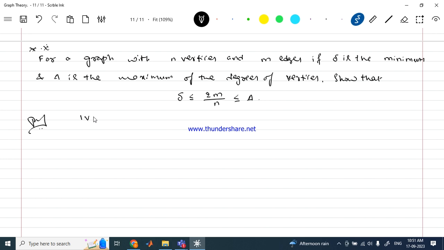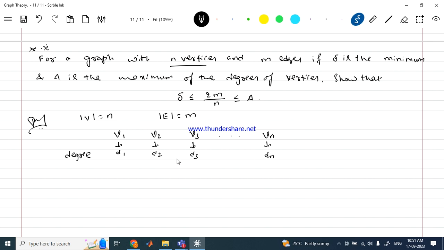Let me assume that the number of vertices here is n. I need not mention it, assume it is given here. Number of vertices is n and number of edges is equal to m. Now let me assume that degree of v1 is d1, degree of v2 is d2, degree of v3 is d3, and so on, degree of vn is dn.